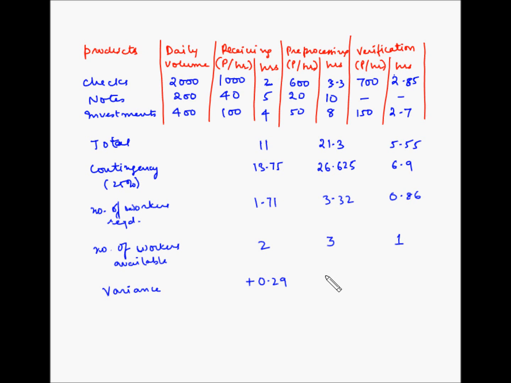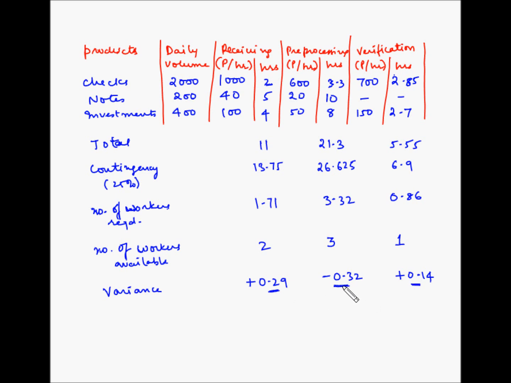For pre-processing they have a shortage of 0.32, and for verification they have an excess of 0.14 workers. So there is shortage for resources to pre-process the documents, while there is excess for receiving and verification.